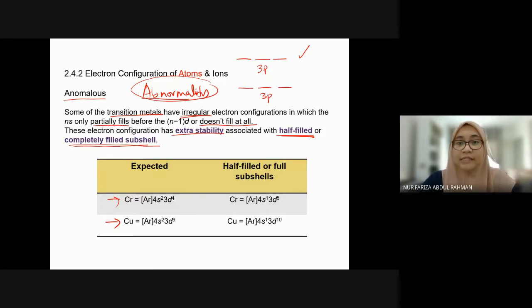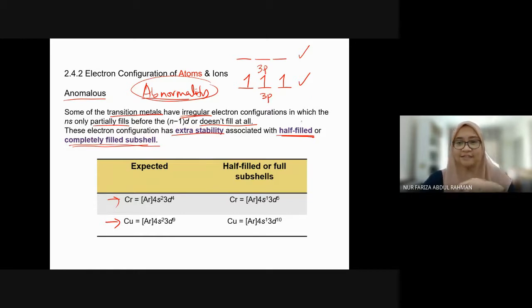Half-filled means terisi secara separuh, bukan sebahagian, separuh. So 1, 2, 3. This is half-filled, and by right they should have the same ms spin. Spin dia mesti sama lah, positive half, positive half, positive half. This is based on Hund's rule. So this is another condition that the orbital is in stable form.